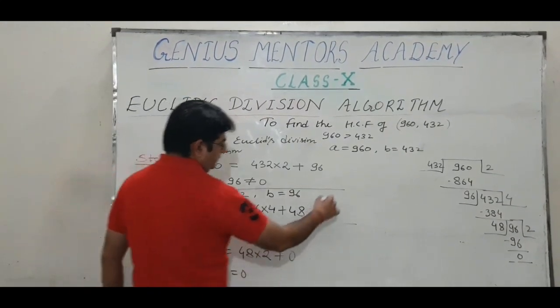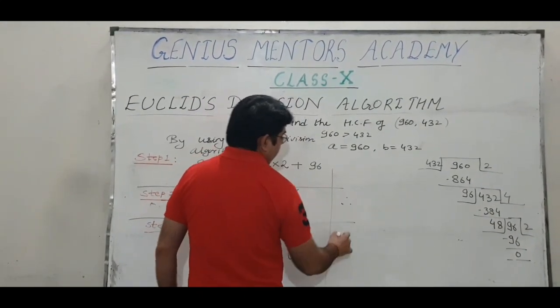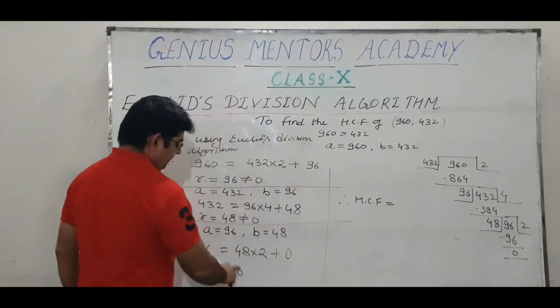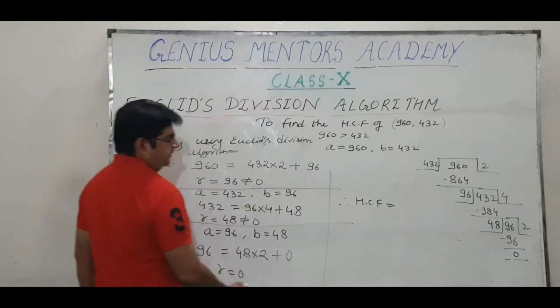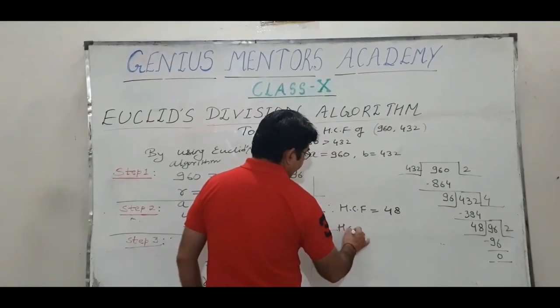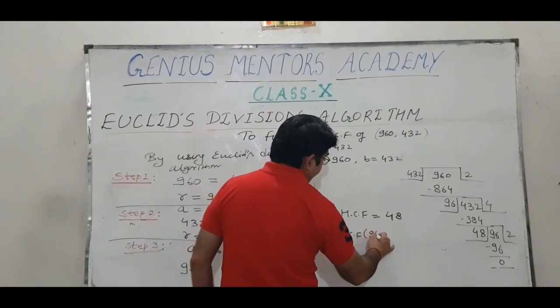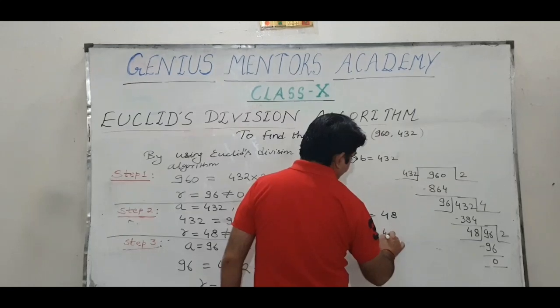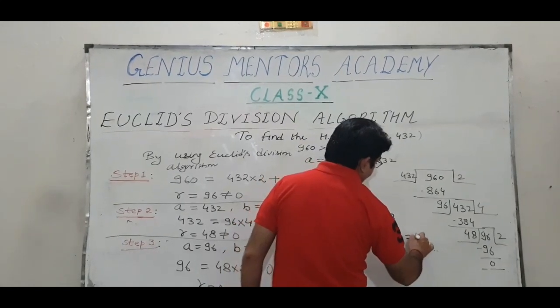So the HCF is the divisor in this case, that is 48. So the HCF of 960 and 432 is 48.